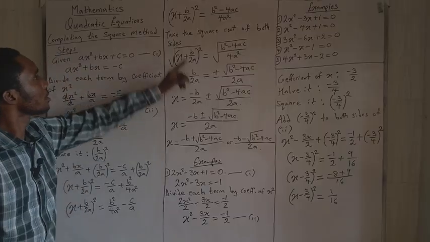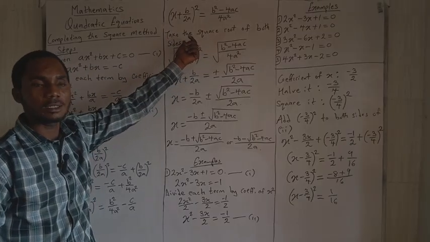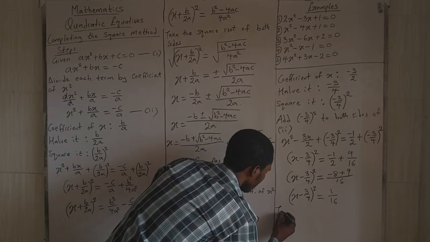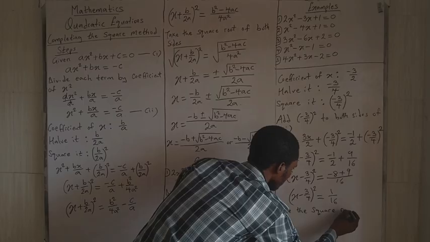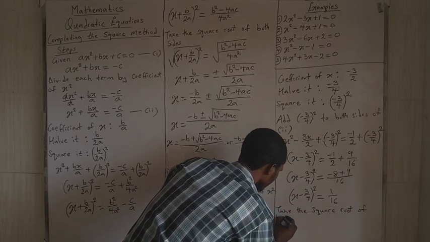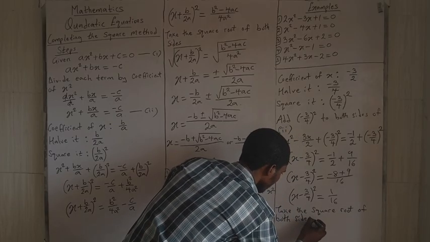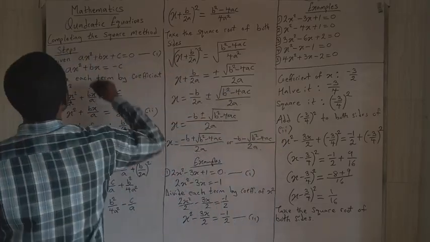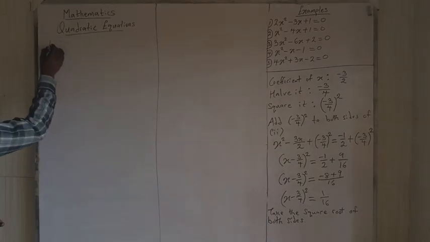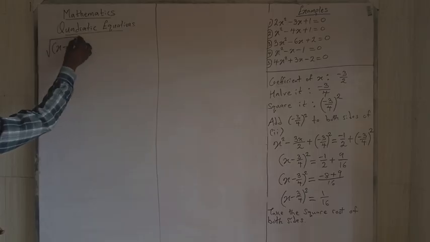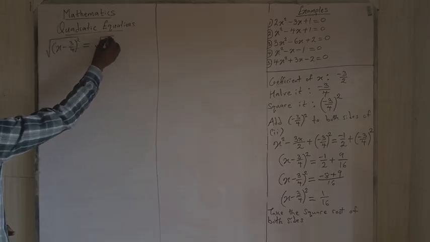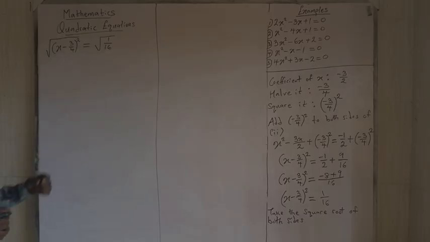What next? Take the square root of both sides. The square and the square root will cancel out each other.